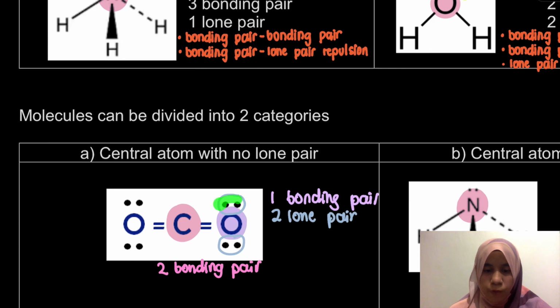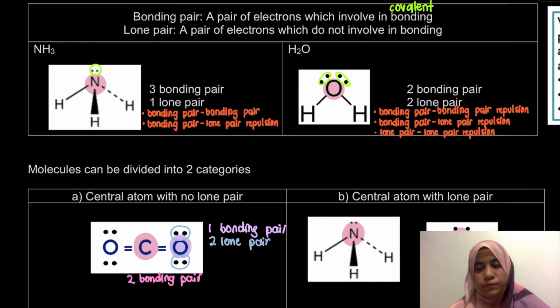So remember a lone pair is 2 electrons, so that's 1 lone pair, and the other electrons make another lone pair. So oxygen has 2 lone pairs. For your Google form, I will give you questions. The first part is an extra question for you to determine how many bonding pairs and lone pairs, but not only for the central atom. I want to test you including the terminal atoms.